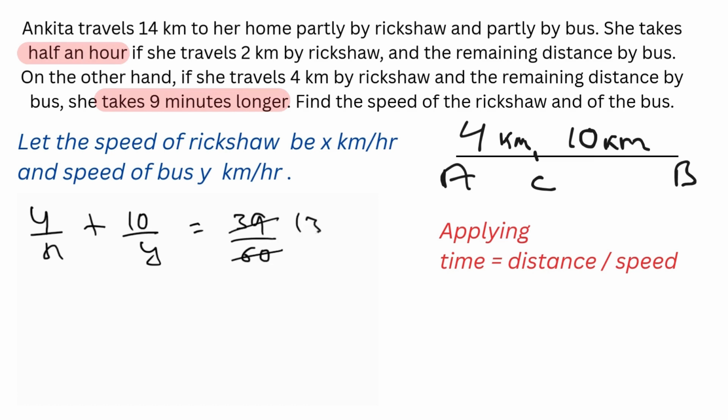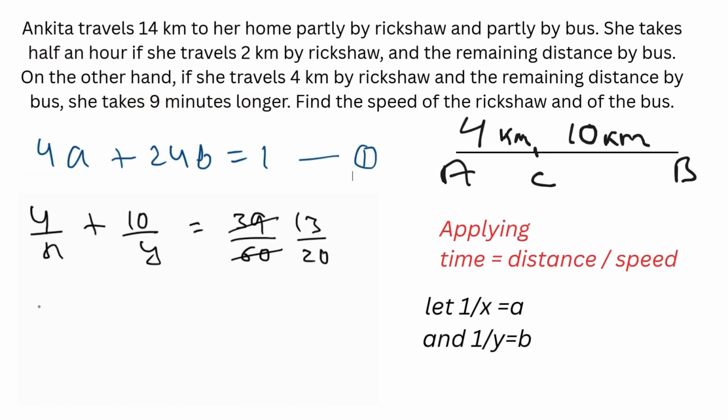That comes out to be 13 over 20. Now replacing 1 over x as a and 1 over y as b, we can say that this is 4 times a plus 10 times b equals 13 over 20, and we mark this as equation 2.